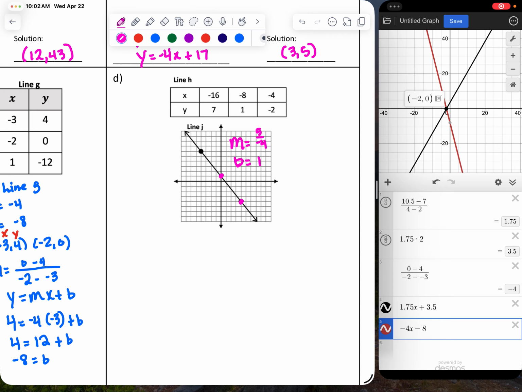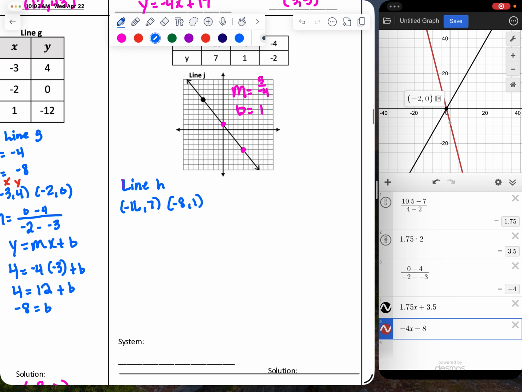Now, from the table, let me write down line H here. For line H, I used the first 2 points, -16, 7, and -8, 1.